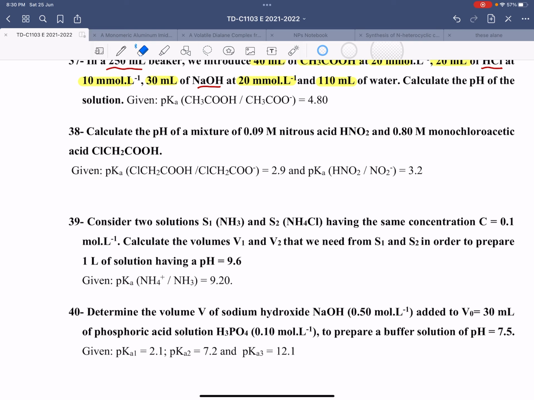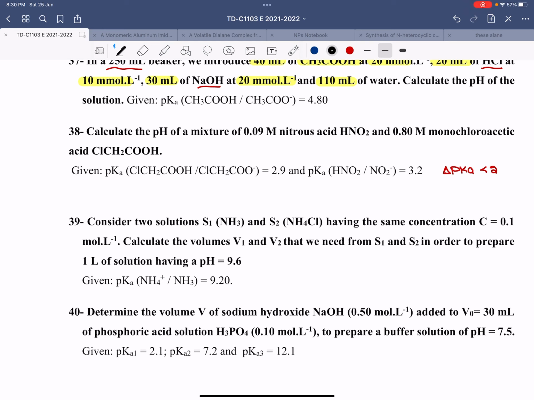Remember, if you have two weak acids, if Ka of one of them is greater than 100 Ka of the second, or in terms of pKa, if delta pKa is greater than 2, you can simply neglect the weaker acid and focus on the stronger acid. However, if delta pKa is less than 2, or Ka1 is less than 100 Ka2, you have to follow the rule we learned.